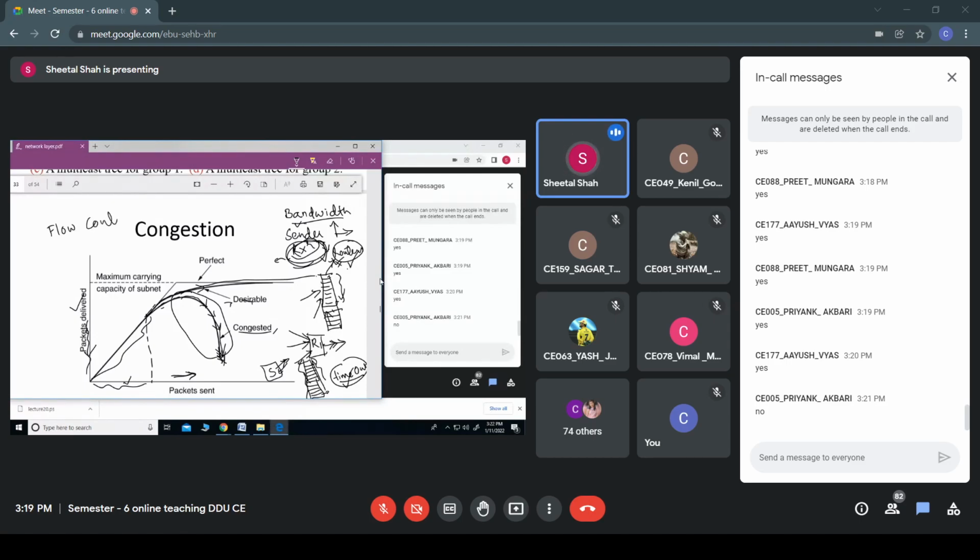Now, there is a difference between flow control and congestion. What do you mean by flow control and congestion? Flow control only deals with the sender and the receiver. Say suppose a fast sender is sending a message to a slow receiver. Then the receiver has to tell the sender to slow down. So in flow control, we are only concerned with the sender and the receiver. Whereas congestion deals with the entire subnet.